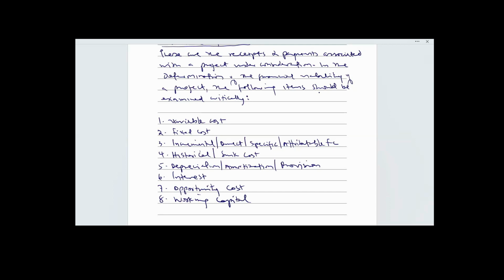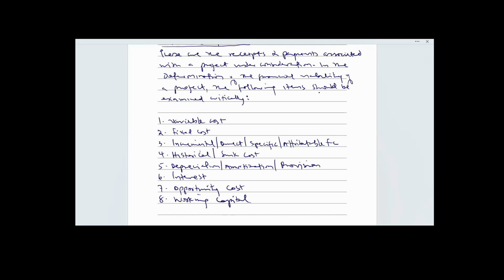Whatever you have thereafter is relevant. You have to consider it. So whatever balance you have represents relevant fixed cost.